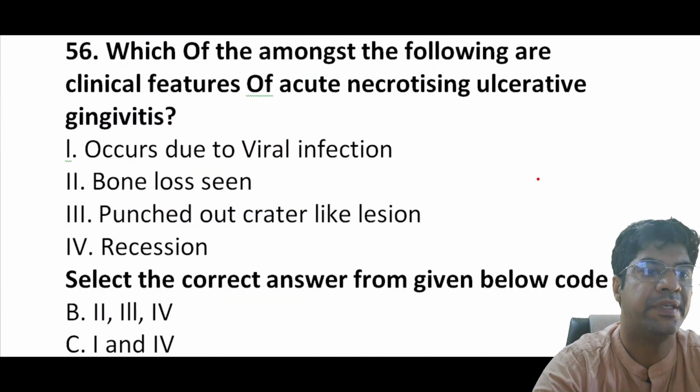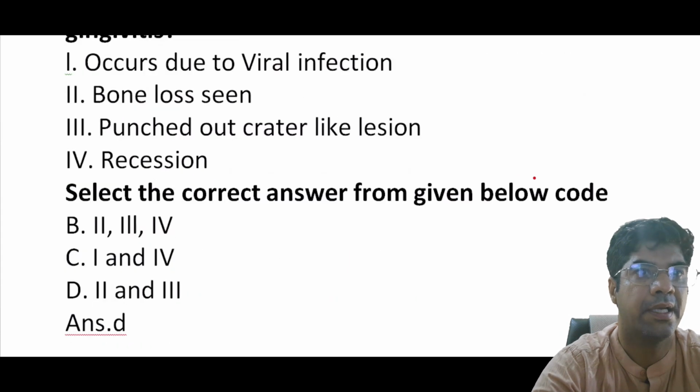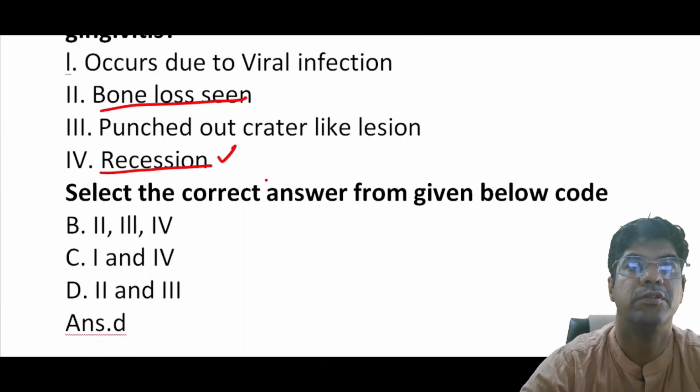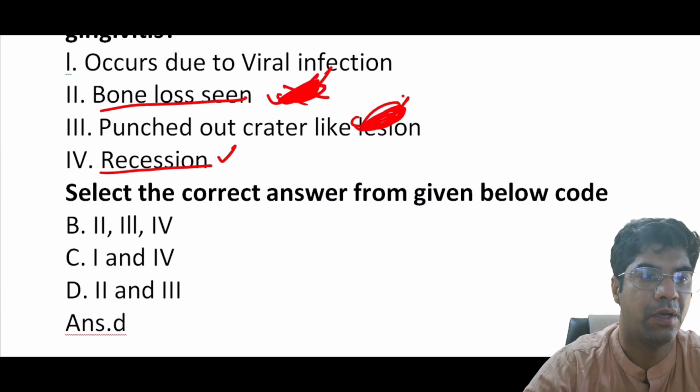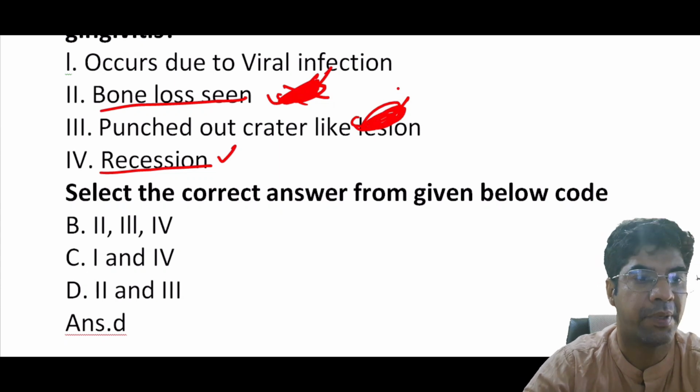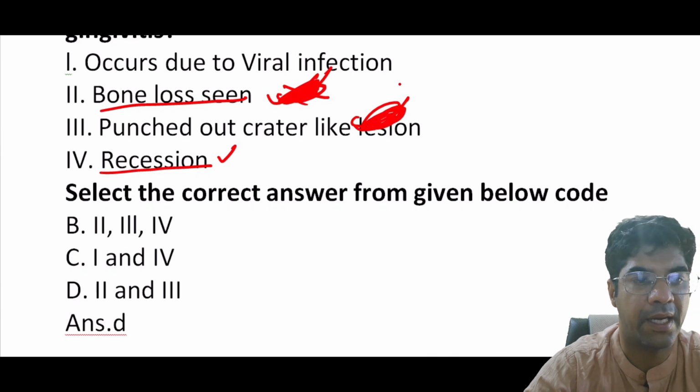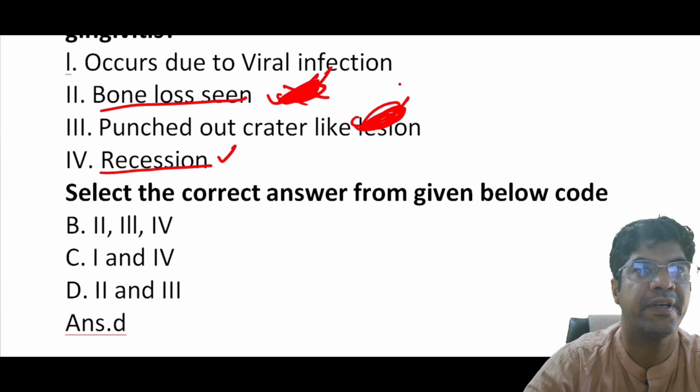Which of the following features are true regarding the ANUG? Well, the answer is D. So the answer is bone loss, that is C, and punched out crater-like lesions, this is true. ANUG is primarily caused by the Fusobacterium, Prevotella and spirochetes, and it is not typically due to the viral infection, so option A is incorrect.